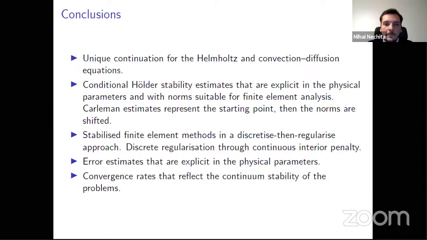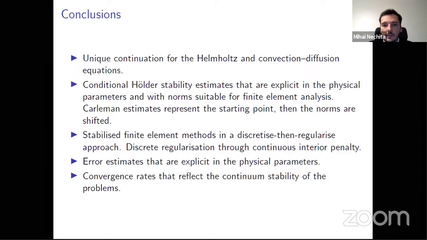And for this, the starting point was represented by Carleman estimates, and then the norms were shifted using some technical arguments. And on the numerical side of things, the approach was to discretize first the problem and then regularize on the discrete level using methodology already known from stabilized finite element methods.